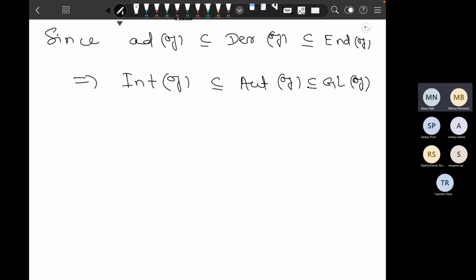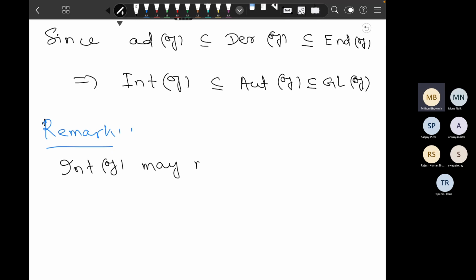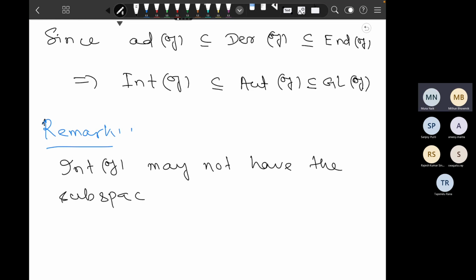Correspondingly, the algebras are ad g, the derivation of g, and End g. Okay, so now, definition. Actually, one thing I should tell you, a remark. Since Int g is a subgroup of GL(g), Int g may not have the subset topology of GL(g), because this is a Lie subgroup, right?